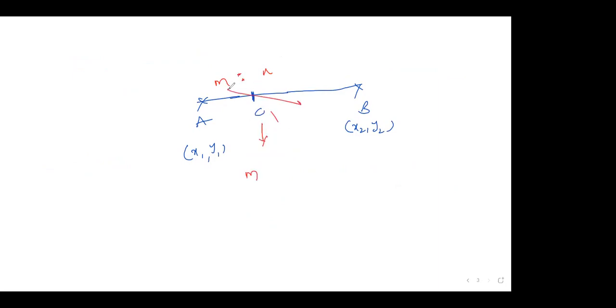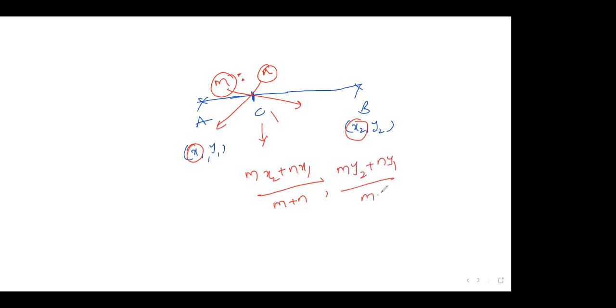Okay, this is capital A, this is capital B, and this is (x1, y1), this is (x2, y2). And if there is a point C which divides in the ratio m is to n, then this C can be written by the formula: (m x2 plus n x1) by (m plus n). In the same way, (m y2 plus n y1) by (m plus n).